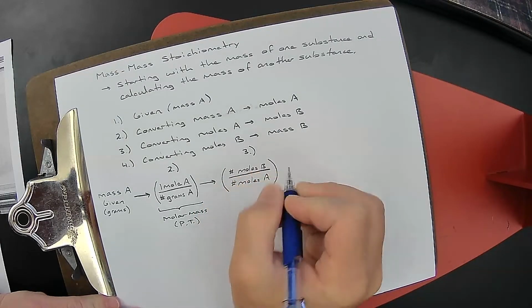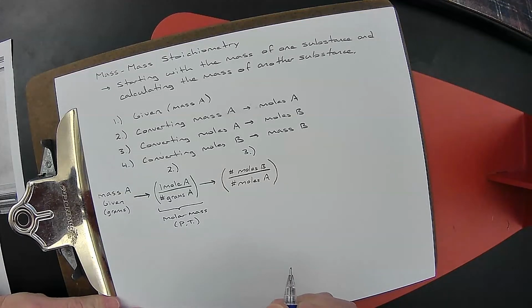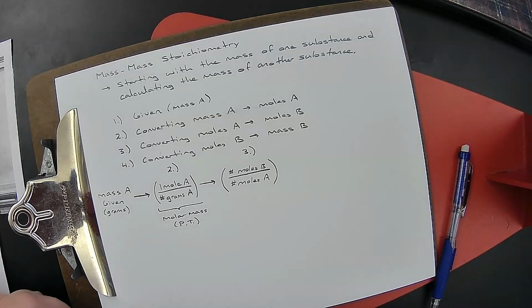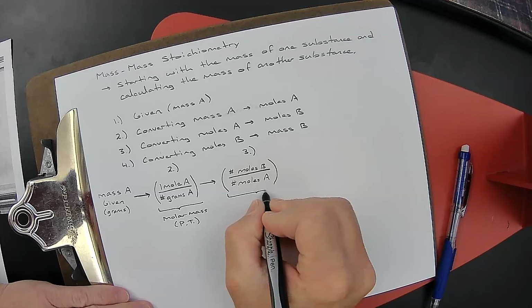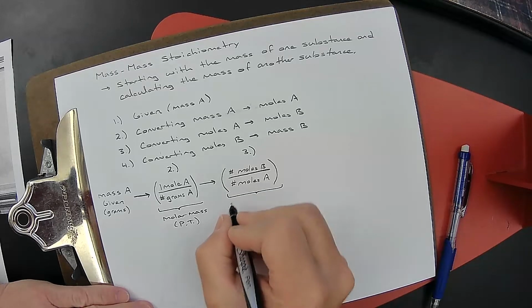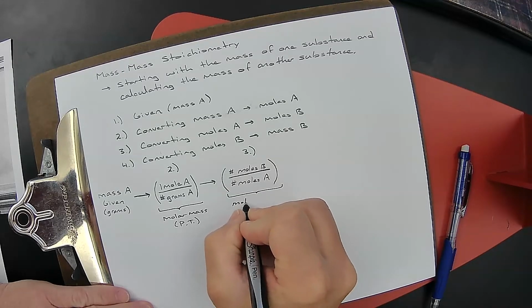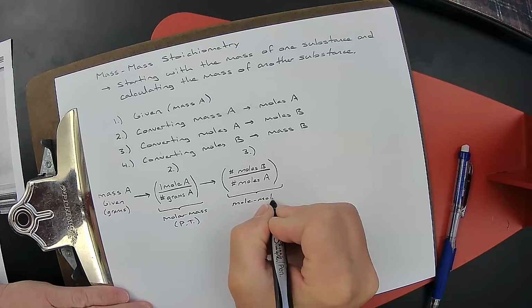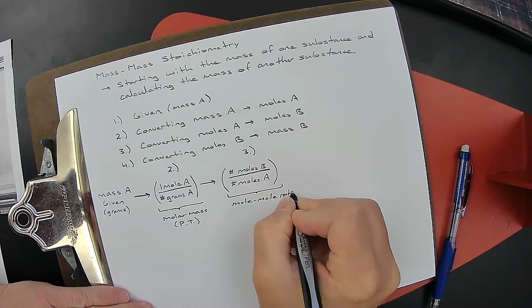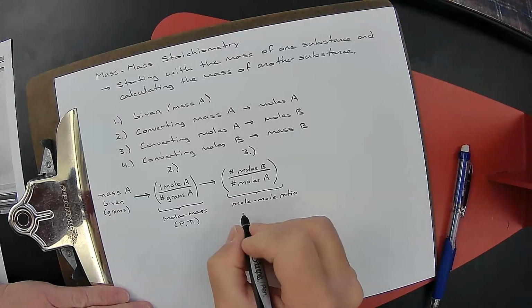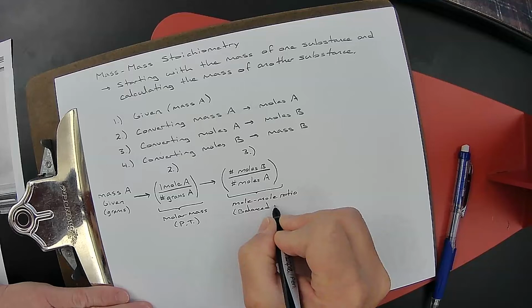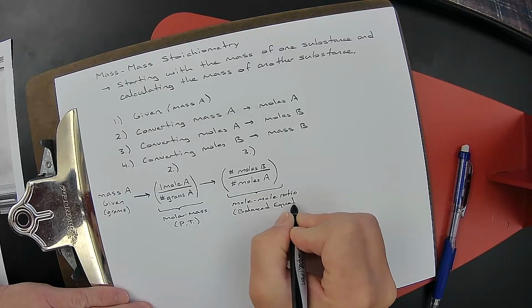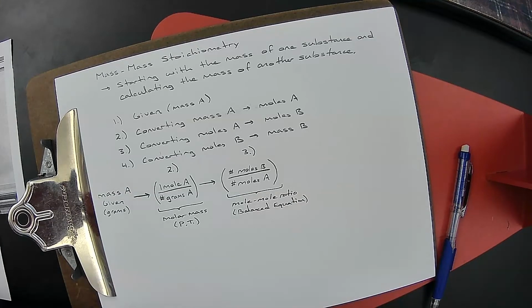And we did these calculations in parts 14 and 15 of our videos. This is the mole to mole ratio, and it comes from the balanced equation. We find this information in the balanced equation.